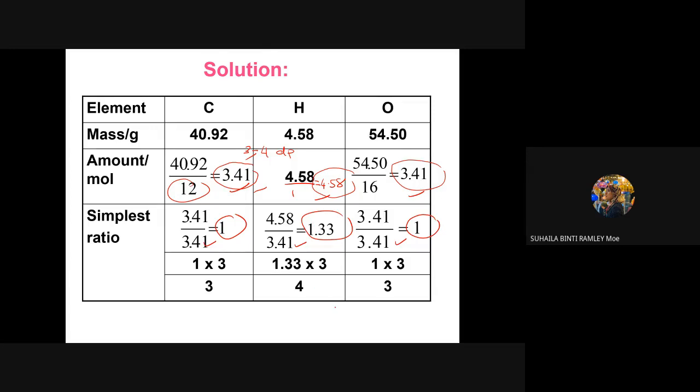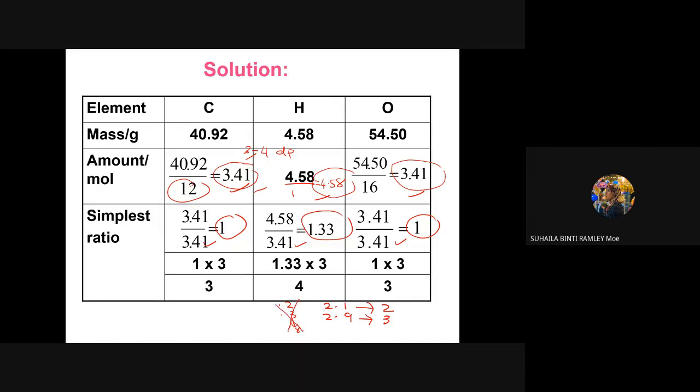Hanya 0.1 and 0.9 saja yang kita boleh round off. For example, 2.1 kita boleh round off kepada 2. If we have 2.9, we can convert to 3. 0.2, 0.3, until 0.8, we cannot round off.